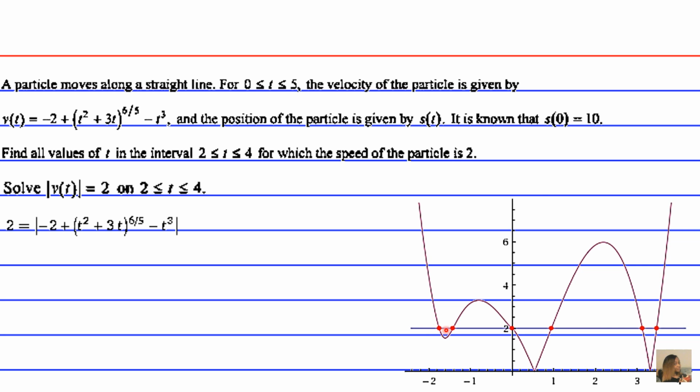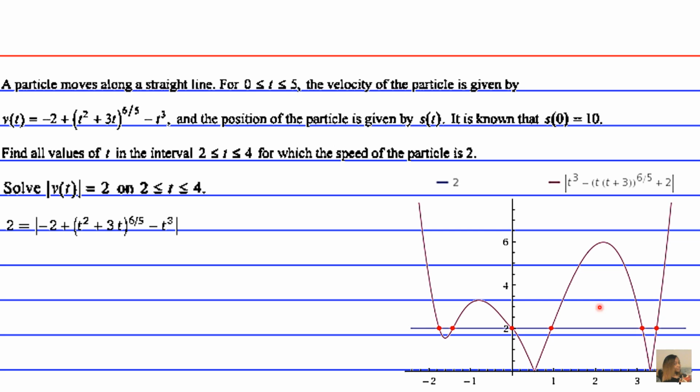We can see there are points of intersection: 1, 2, 3, 4, 5, 6, actually 6, where this equation holds true. But remember, we're isolating the closed interval between 2 and 4, so we'll only be concerned with these 2 points right here.